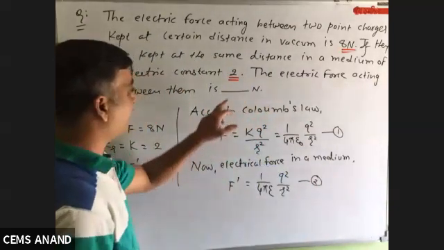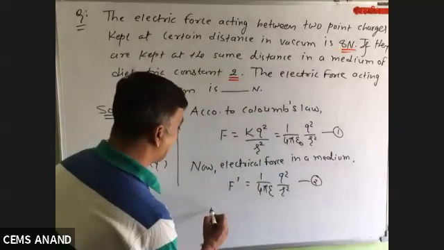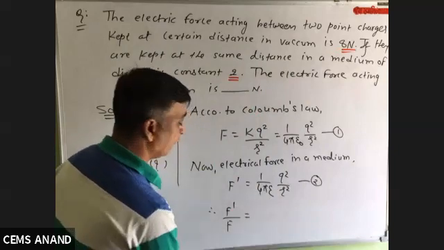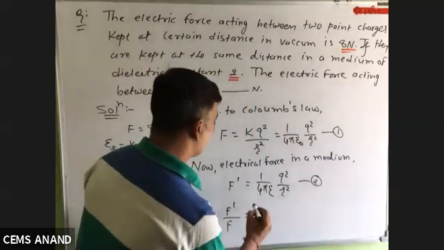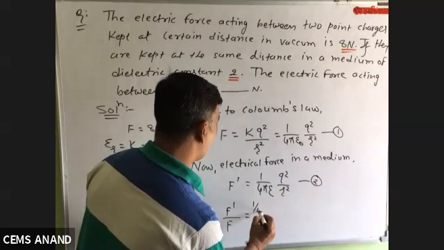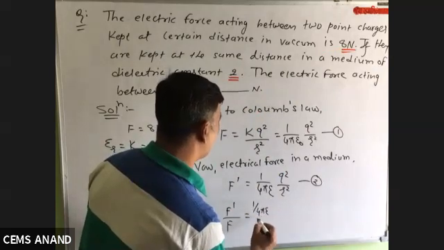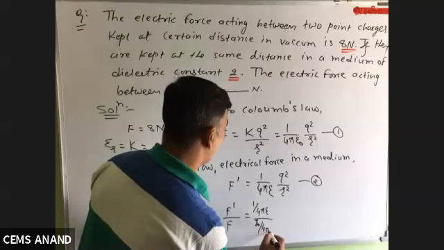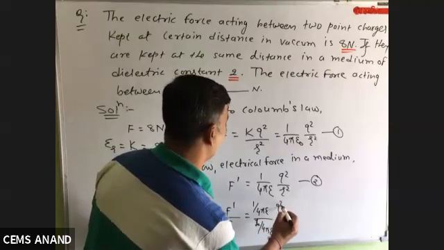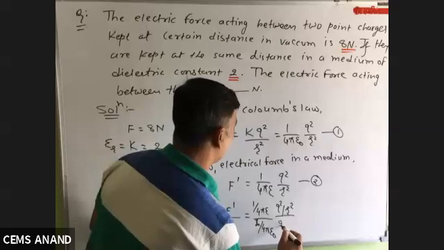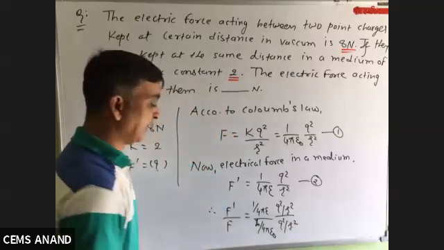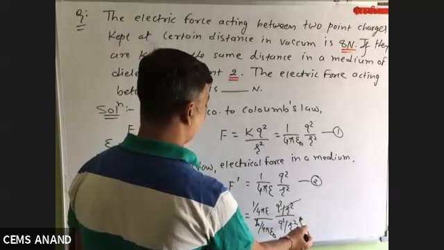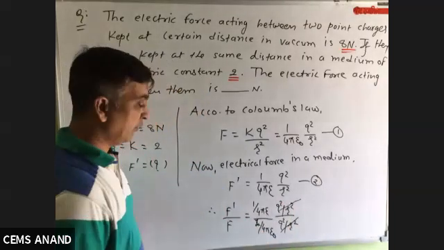Now we ask for the force in the second case, so let's divide the second formula by the first. It is 1 upon 4 pi epsilon divided by 1 upon 4 pi epsilon 0, with Q square by R square in both.